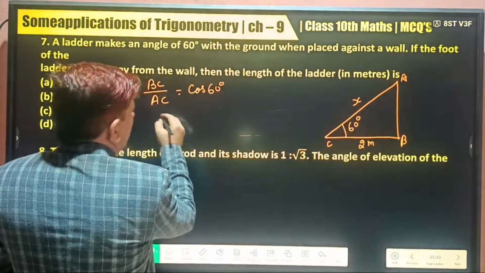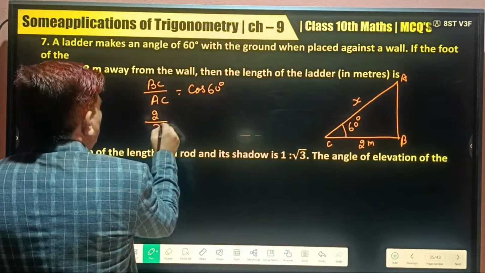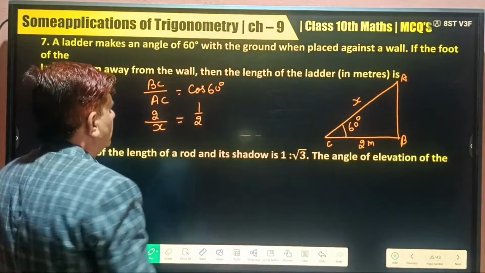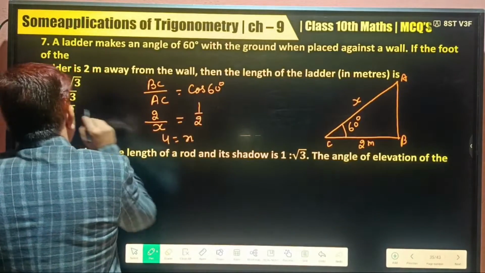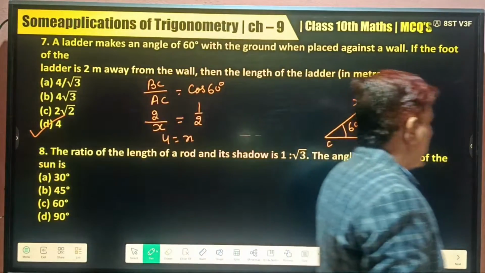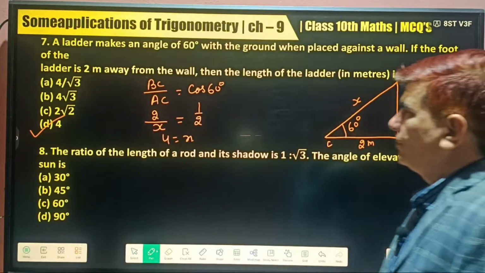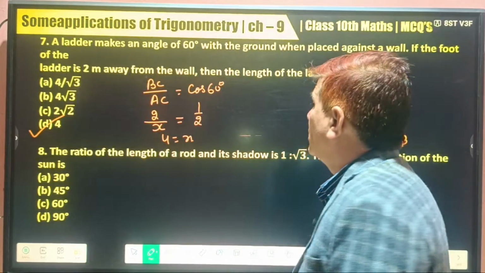BC is 2 meter. AC we have to find out. Cos 60 is 1 by 2. So cross multiplication, 4 equal to x. So the length of the ladder is 4 meter. All are very easy.